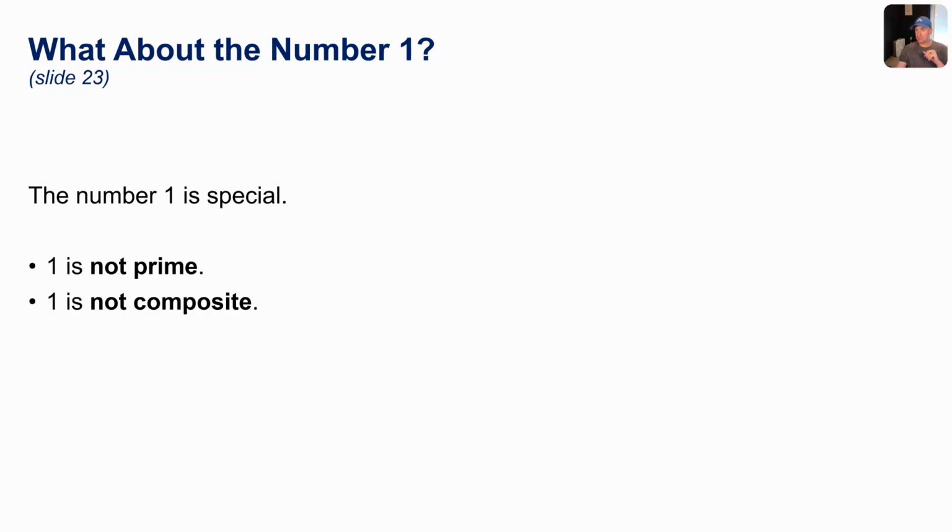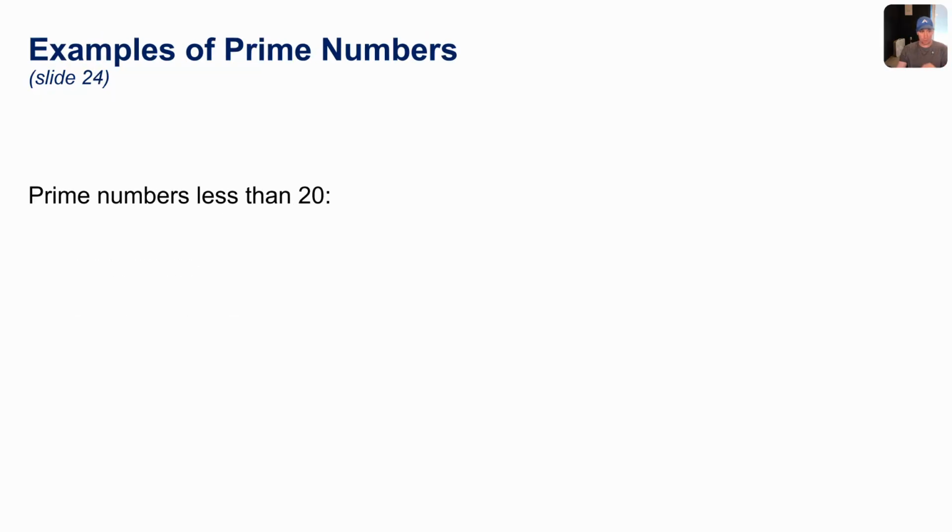Now, if I listed out some more prime numbers, the following are prime numbers that are most often used when we do something called prime factorization, which we will look at in the next presentation, which is in chapter 2.5 in the textbook. So let's go ahead and look at the prime numbers less than 20.